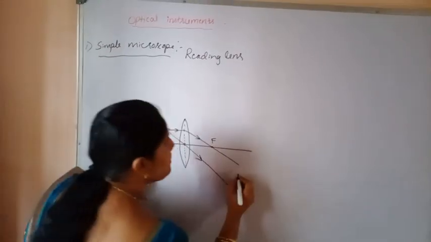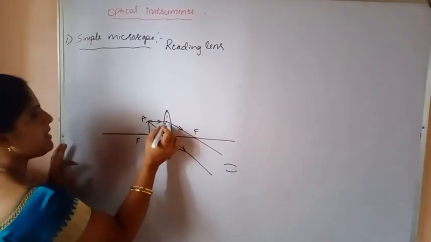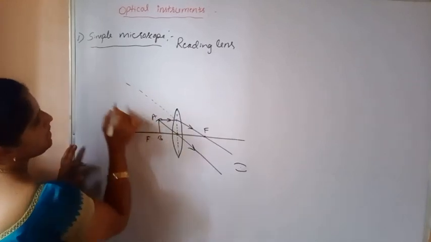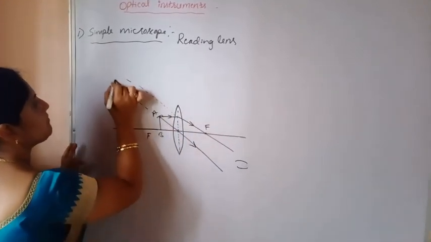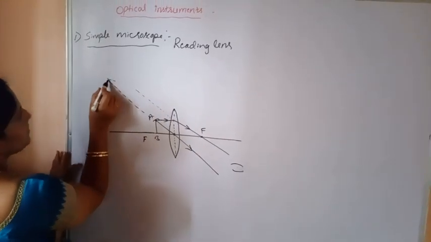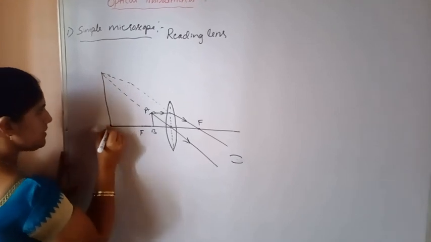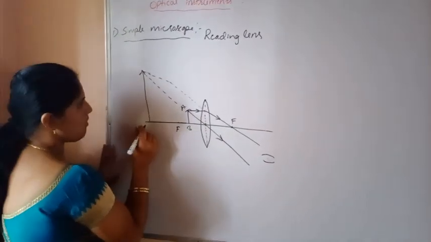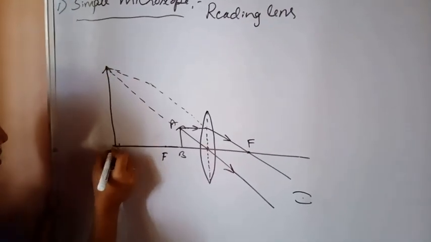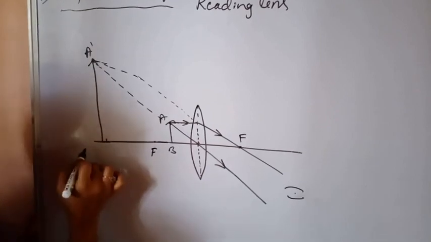When the observer sees these rays from this point, they appear to diverge from a point like this. So this is the image of the object AB, with A dash and B dash.